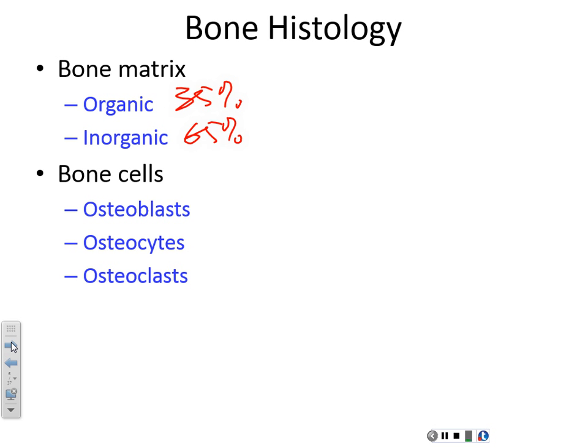Remember when I showed you that bone that was brittle because it had too much inorganic and not enough organic? If it's got too much organic, it's just limp. It's not going to do the support. So I may ask what are the percentages of the 2 major components of bone matrix, and describe their significance or their importance. And then you talk about that brittle bone or that very flexible bone. So you get that, okay?